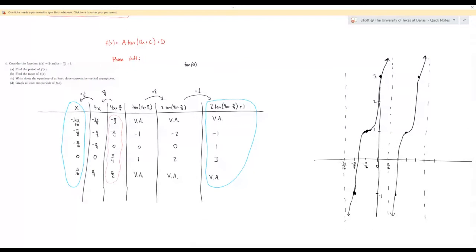So it doesn't matter which kind of trig function it is. Who remembers the formula for the phase shift?